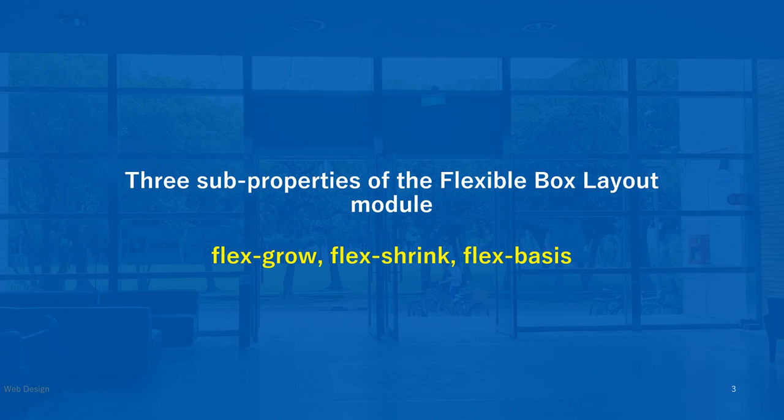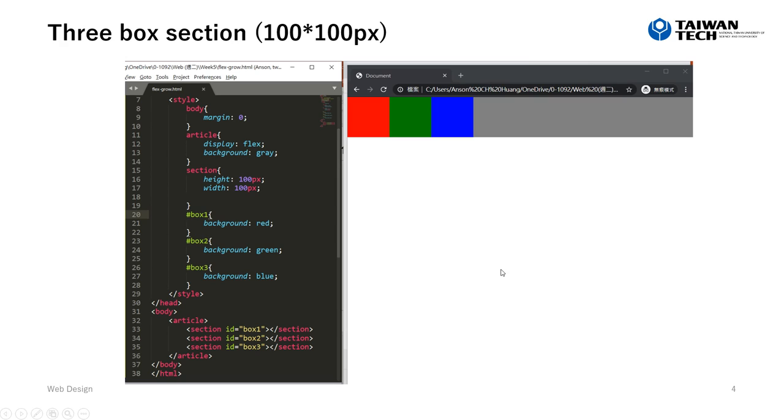Okay, first of all, three sub-properties of the flexible box layout module. Actually, we already know the flexible box is really critical for our layout modules. Today I want to teach you three more things: flex grow, flex shrink, and flex basis. How to use it?